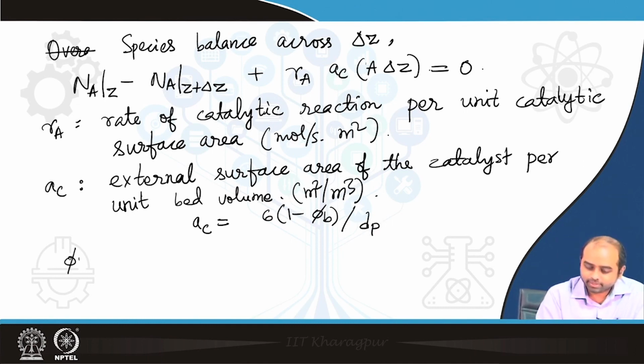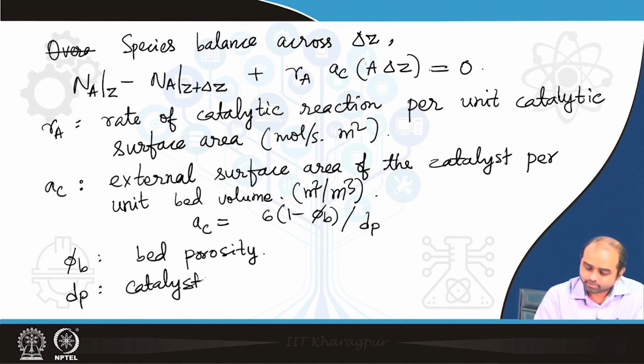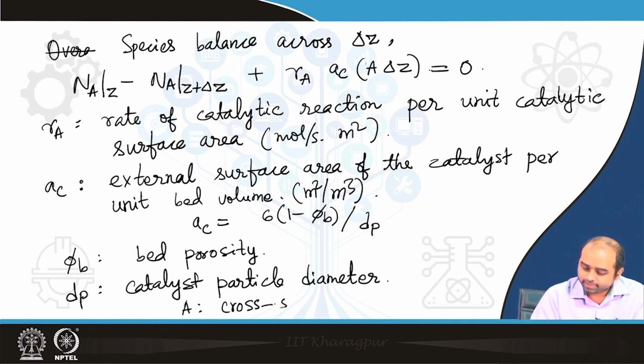So, of course, phi b is the bed porosity here, d P is the catalyst particle diameter, and A is the cross sectional area of the packed bed.